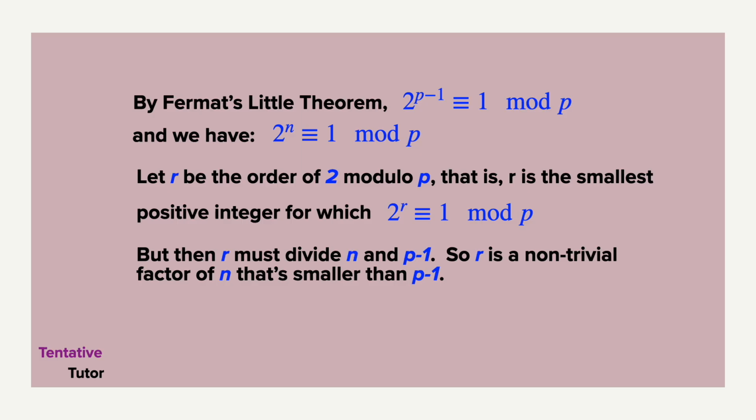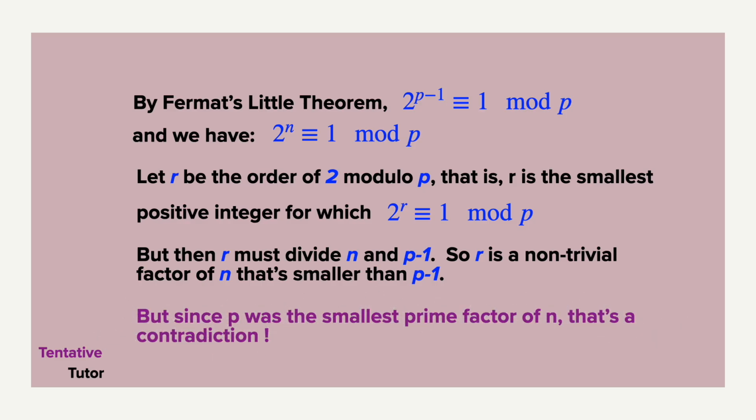But then r must divide both n and p minus 1. So r is a non-trivial factor of n that's smaller than p. But p is the smallest factor of n, so that's a contradiction. Since we assumed the negation of our result and arrived at a contradiction, that means our result must be true, and that's how one accomplishes a proof by contradiction.